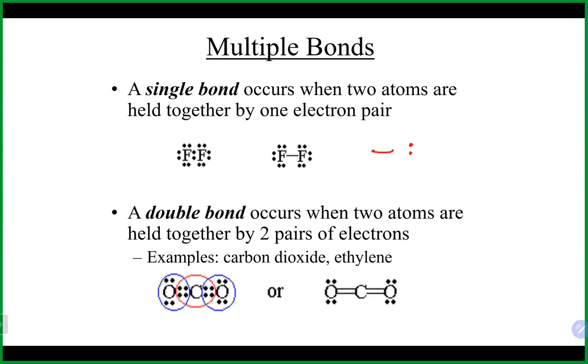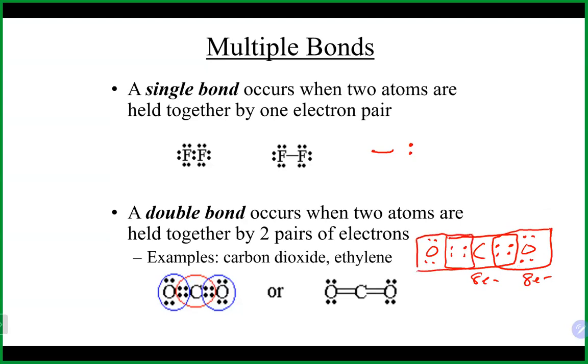Now, if you get to something like carbon dioxide, it actually does need to double bond, not once, but twice. We show it here with all dots. The carbon, by double bonding on both sides, is able to achieve 8 electrons. Each of the oxygens is also able to achieve 8 electrons.